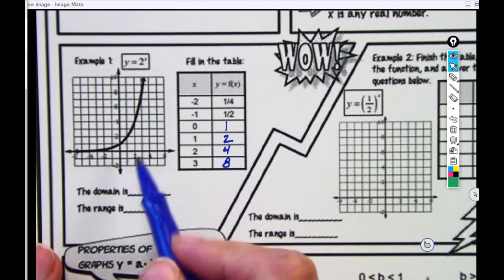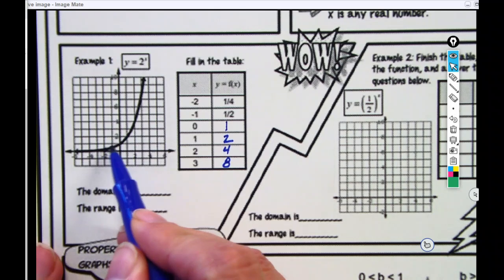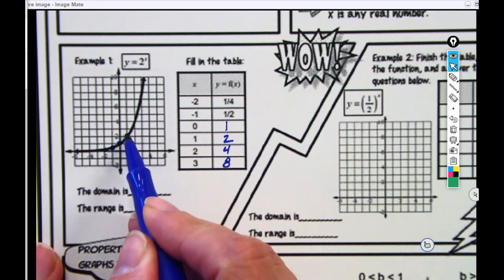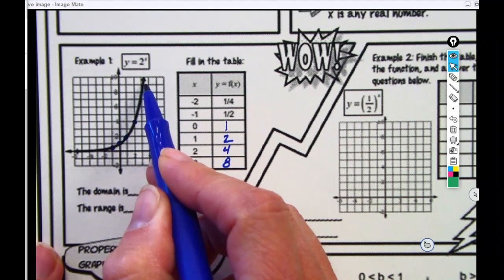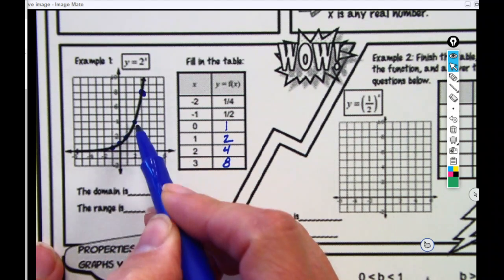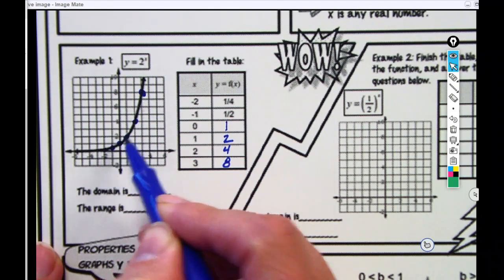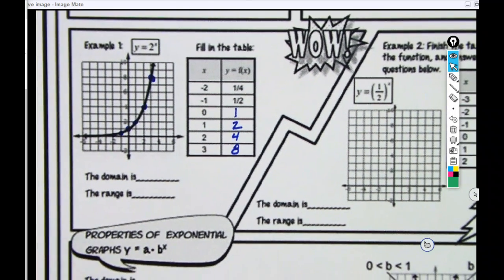When you plot those points, there's that, that, that, that, and that. All right, there on that curve.